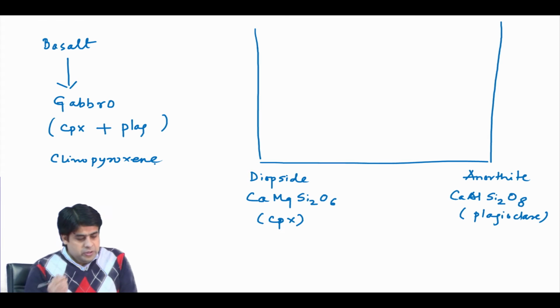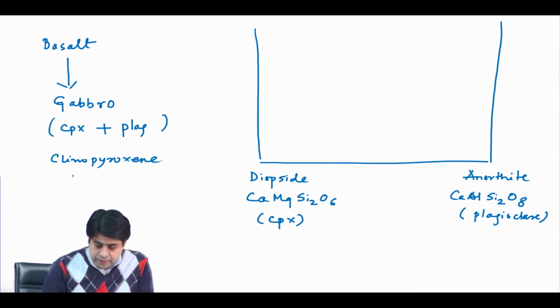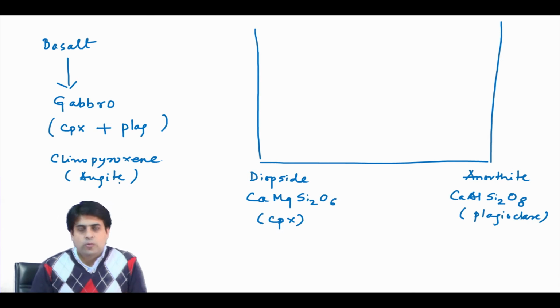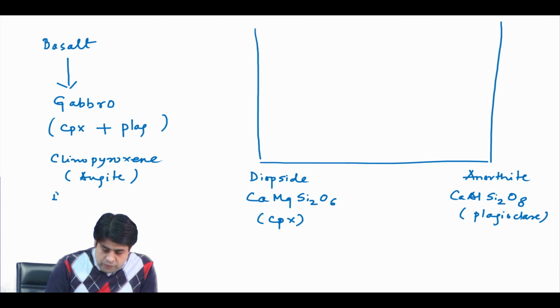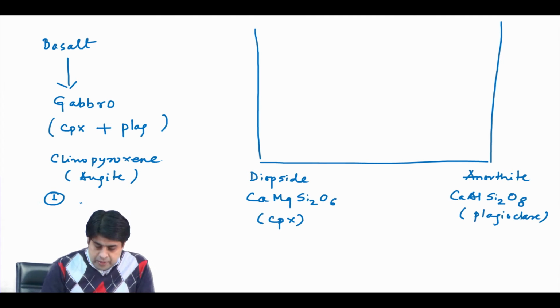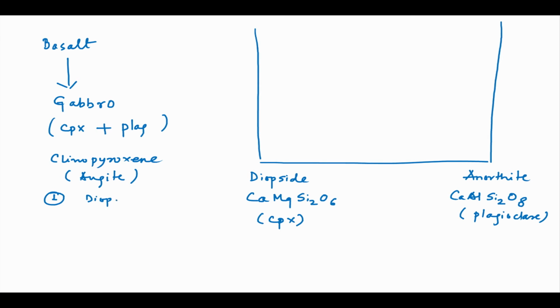The clinopyroxene is mostly augite, and augite has 3 different components. The first component in augite is basically your diopside. The formula is CaMgSi2O6.